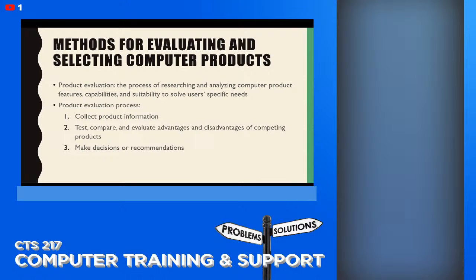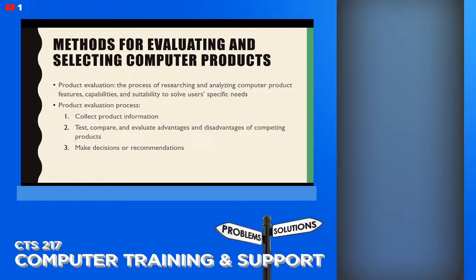So we can break that down into two ways. We have what this product is capable of doing: figuring out what the manufacturer says this product can do, and then comparing what the product can do against the user's needs. Critical.